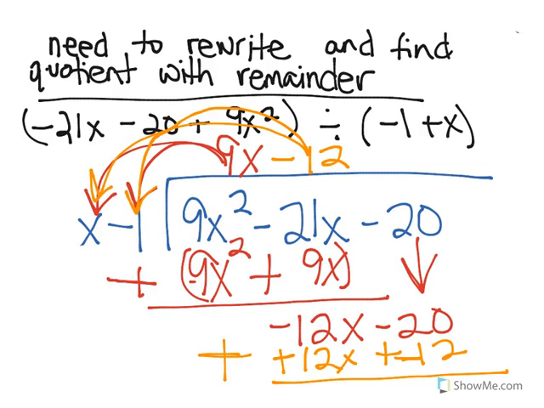But then we have a negative 20 and a negative 12, so that's a negative 32. Okay, x cannot go into minus 32, so now we're at the part where we are going to have our remainder. So our final answer becomes 9x minus 12 minus 32 all over x minus 1.